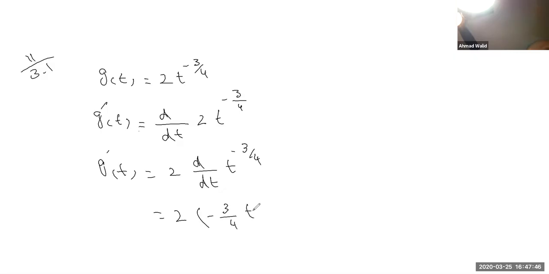Then t and subtract 1. Look, negative 3/4 minus 1. Go to the corner of your notebook and simplify this. Negative 3/4 minus 1. We need a common denominator, then here times 4 times 4, which gives me negative 3 minus 1 times 4 is 4/4. What is negative 3, negative 4?